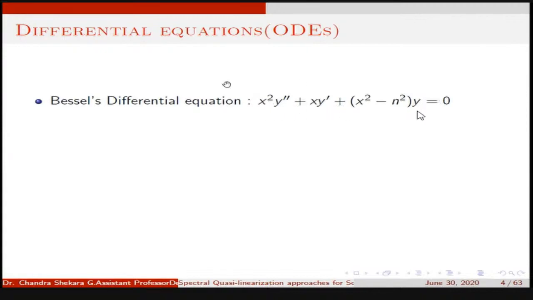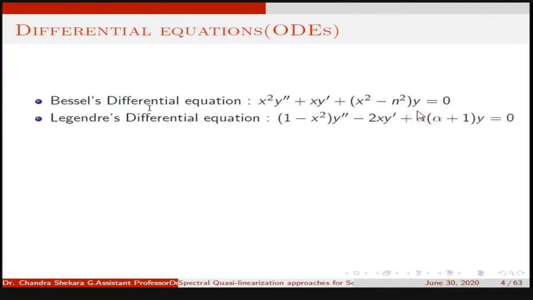Whatever series solution we get out of this Bessel differential equation are called Bessel's polynomials or Bessel functions. They play a very important role in the spectral collocation method. Similarly, if we solve the steady state distribution or Laplace equation in spherical or cylindrical coordinates, we will get another variable coefficient differential equation called Legendre's differential equation.